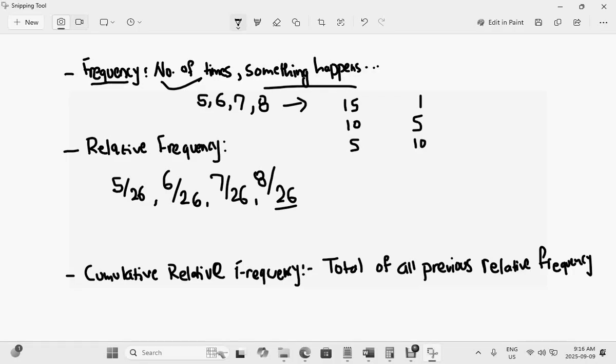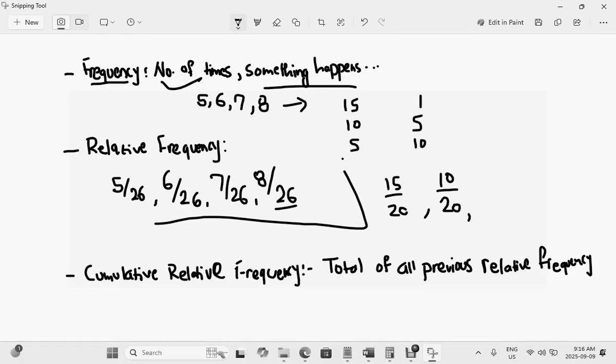Now we know there is a total of 20 hunters. So what we're going to do is divide. 15 divided by 20 would be an example of relative frequency. Then 10 divided by 20. So value divided by the sum of all values.